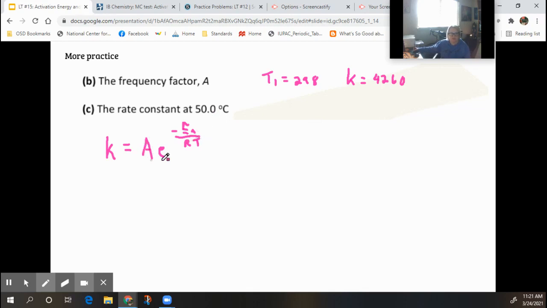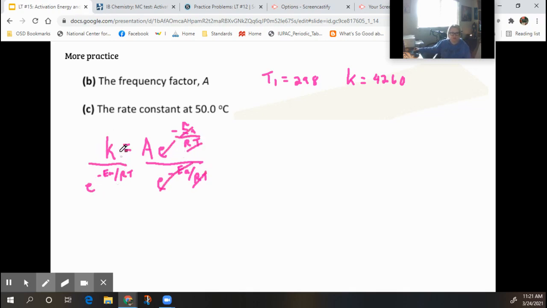So in order to get my frequency factor, I'm going to isolate A. I'm going to divide both sides by the exponential function negative EA divided by RT. So I guess I'm doing a good job following my rules of isolating my variables first. So this piece goes away.